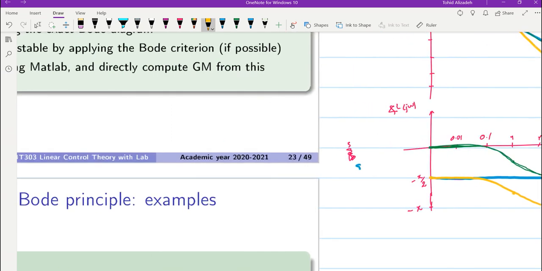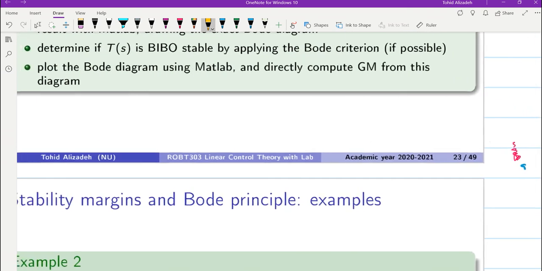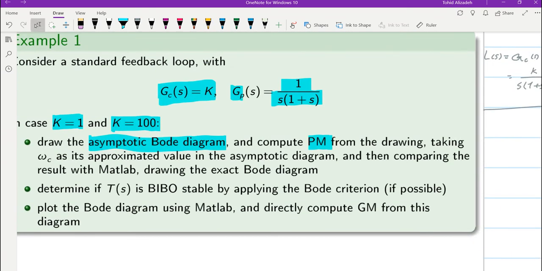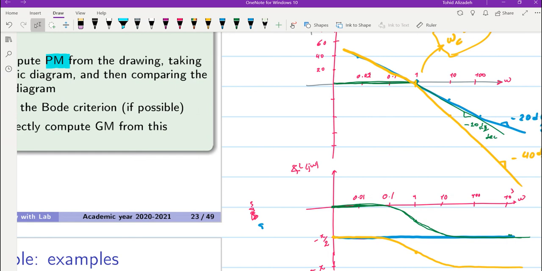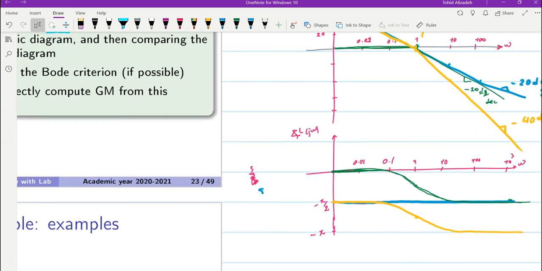So now that we have the Bode plot, we need to check what we are required to do. We'll take omega c as its approximated value in the asymptotic diagram, which is omega equal to 1. So this is the omega c, 1 radian per second, the gain crossover frequency, and we need to determine the phase margin referring to that value.